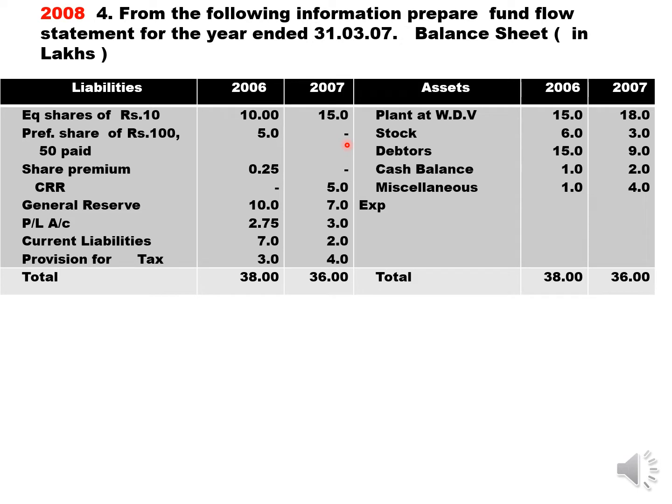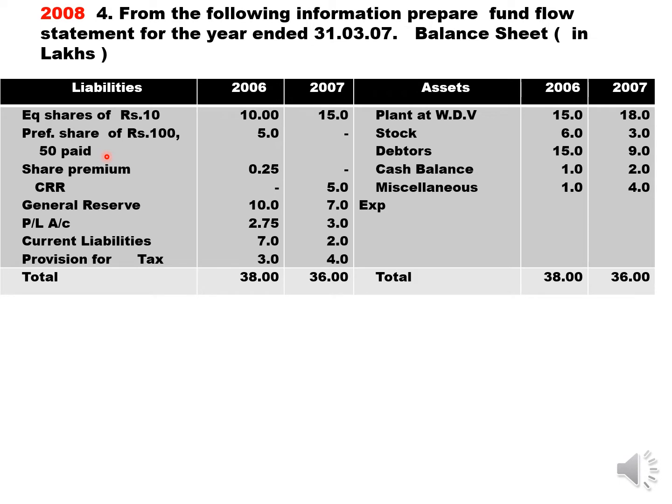So what has to be done? Convert the partly paid preference share into fully paid preference share. And then it can be redeemed. So students, preference share face value is 100, 50 rupee is paid, 50 rupee is unpaid. Means half is paid capital, remaining half is unpaid capital.